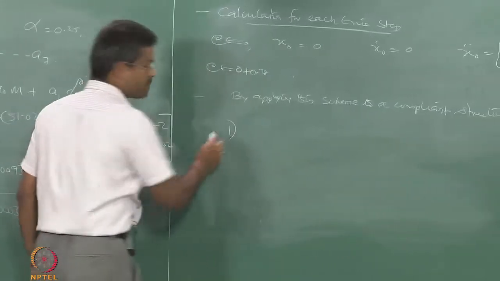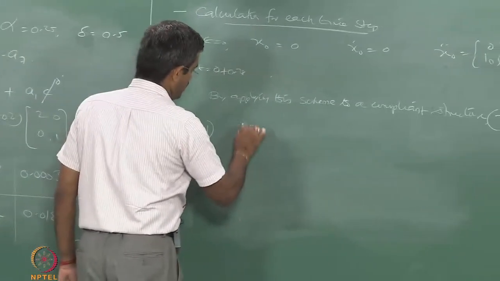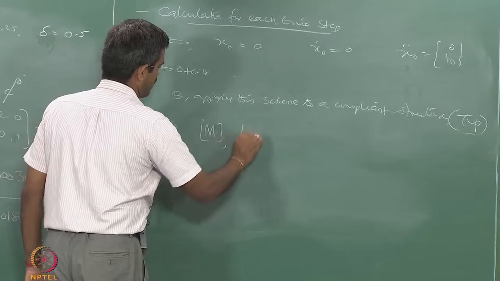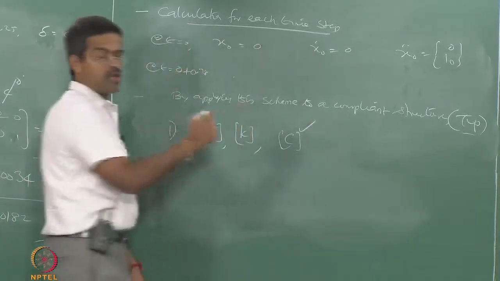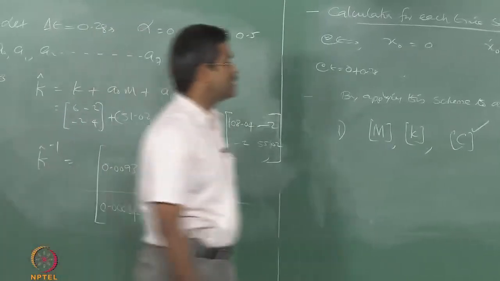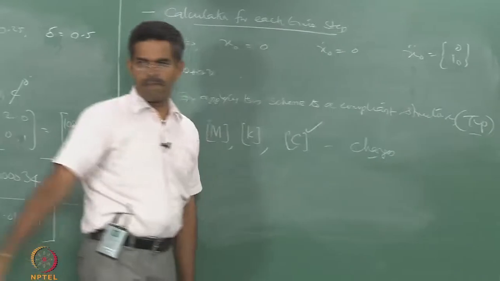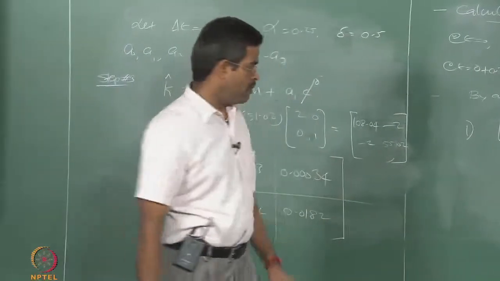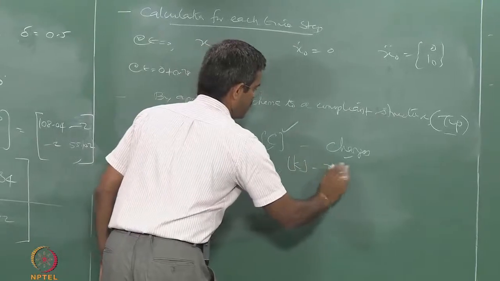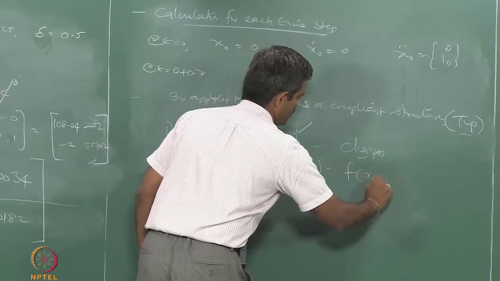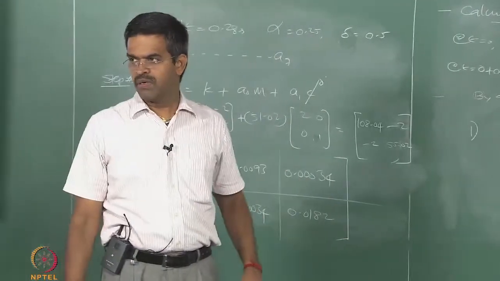The first difficulty here is very simple. In TLP, the mass matrix and K matrix and therefore the C matrix, because it is A0 M and A1 K, keep on changing at every time step. And most importantly, K actually is response dependent. We have already seen the equations for TLP, we know it is response dependent.